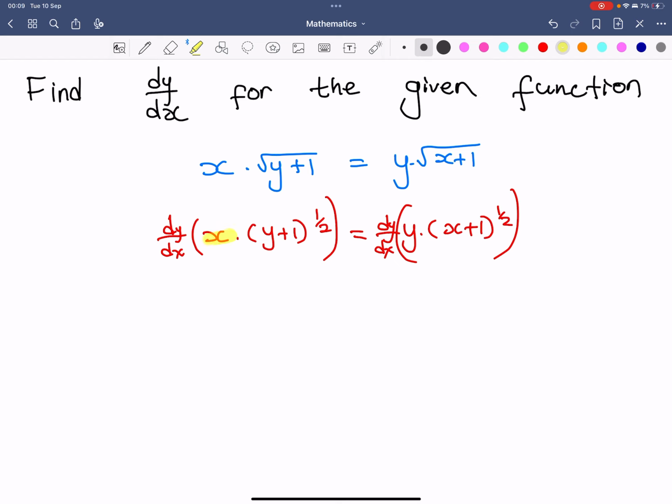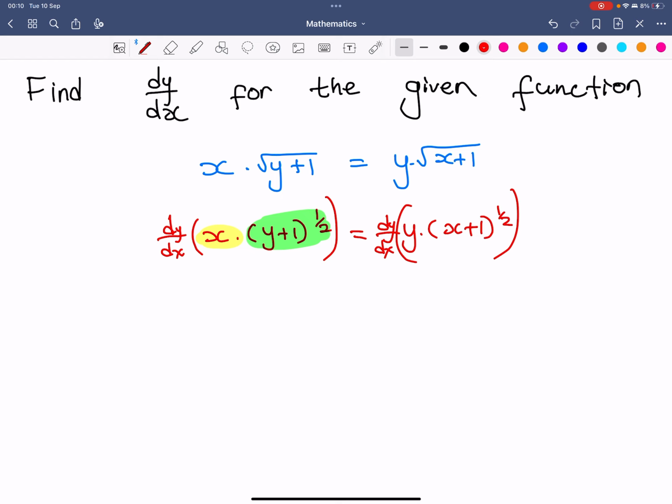I can already see that I have a product of two functions. On this side, there's x and then there is (y plus 1) to the power 1 over 2, right? So I need to use the product rule. In order to differentiate this part, we have to apply the product rule.